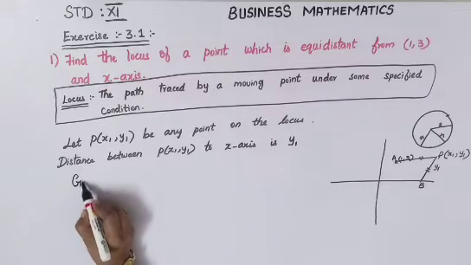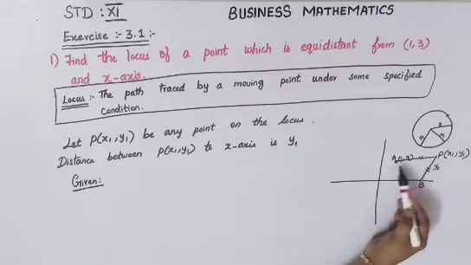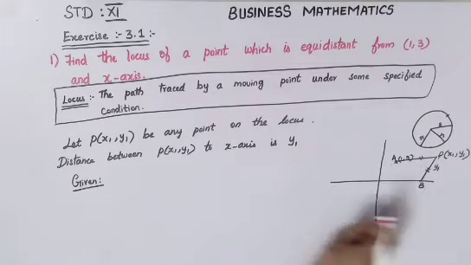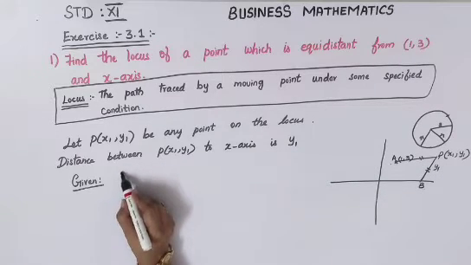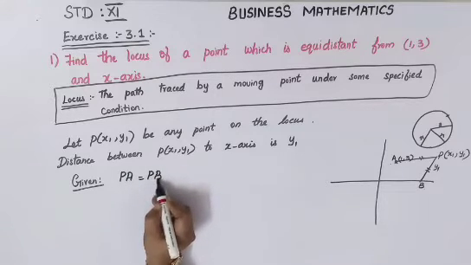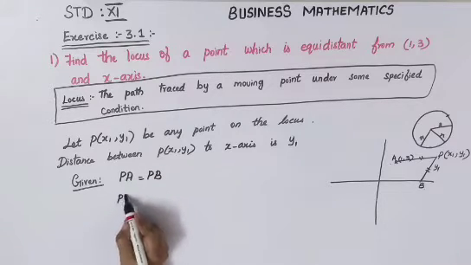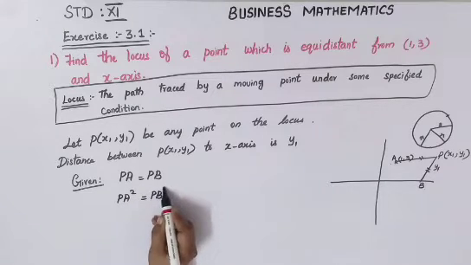Given your condition, that is equidistance, PA is equal to PB, you can write, because both the distances are given equal. So we can write PA equals PB. We'll just square it, so we get PA square equals PB square.